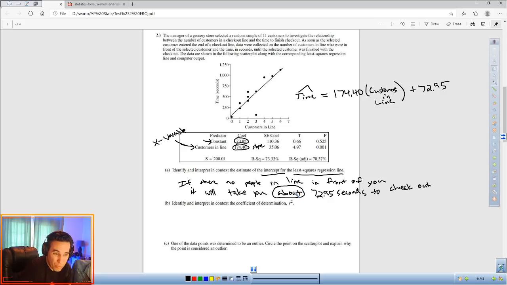They did not have you interpret slope on this one, but I'd love to do one for you. So here's my interpretation of slope.